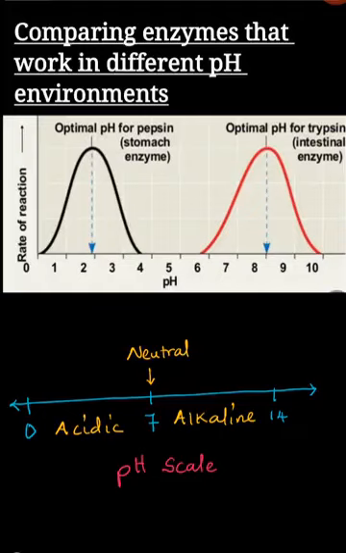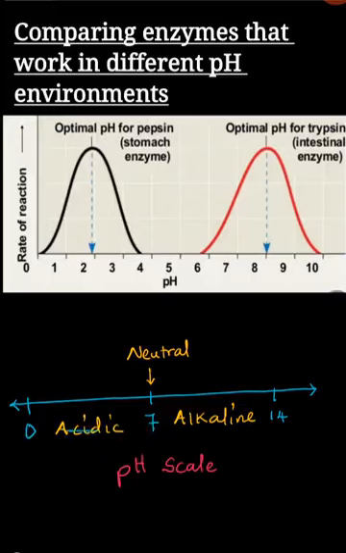I did mention the other time that some enzymes work well in an acidic environment, whereas some enzymes work well in an alkaline environment. So you will find that the pH scale has got numbers from 0 to 14. Numbers from 0 to 7.